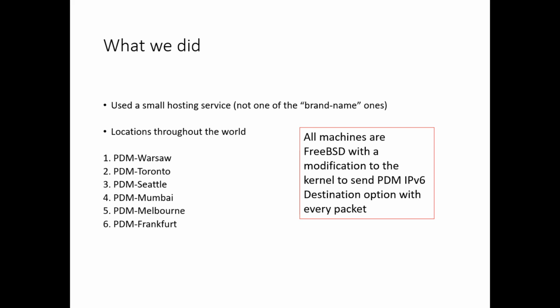What we did is we used locations throughout the world. We intentionally chose a number of different continents. So Warsaw, we got Europe there, Toronto, North America, Seattle, North America again, Mumbai. So again, you can see we chose a bunch of different things.